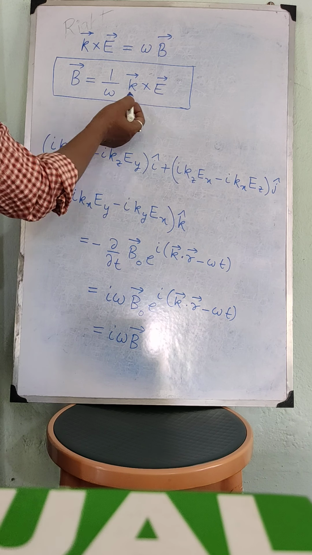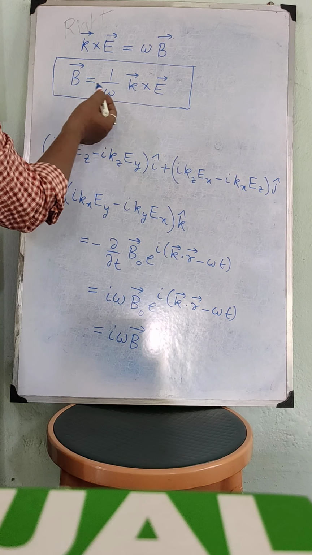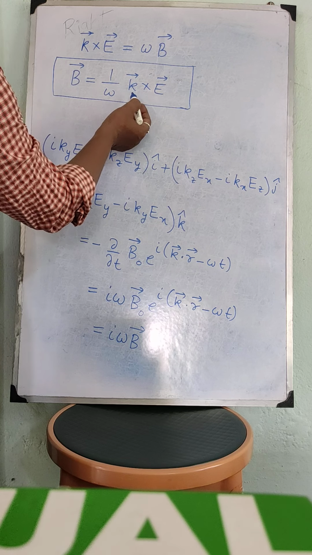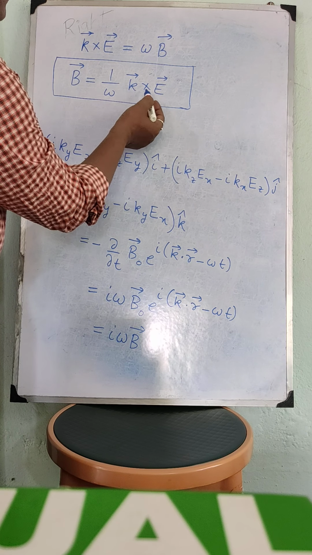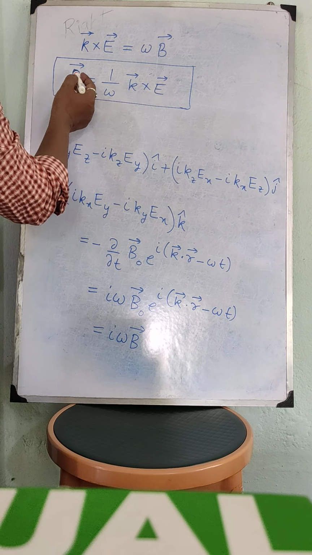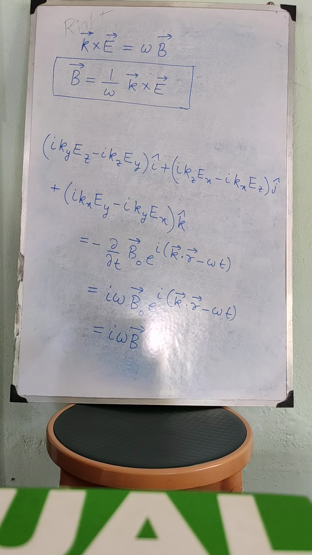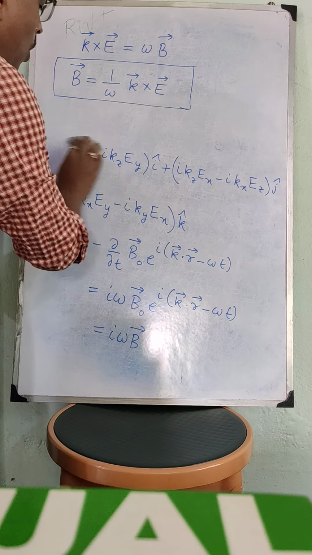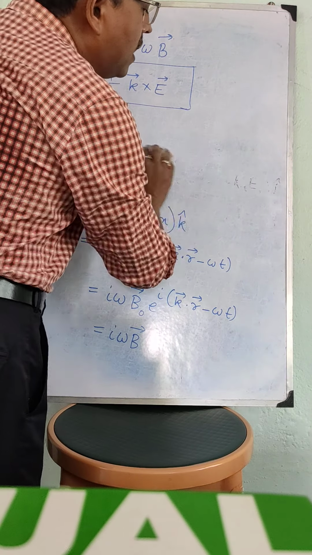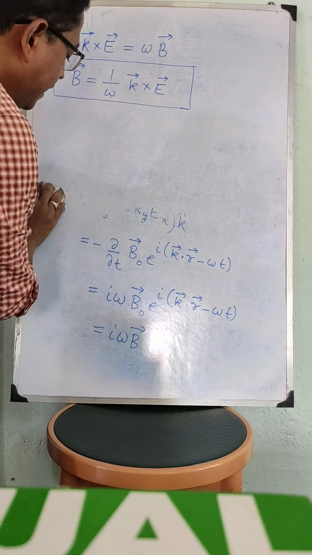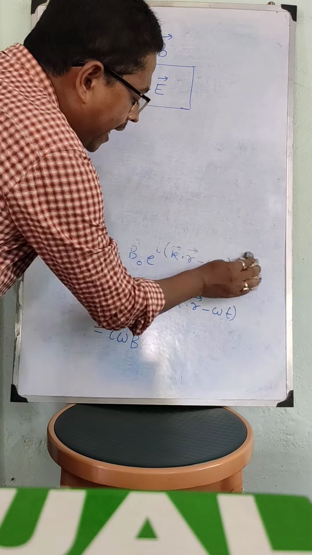See, from this equation we see that B vector is perpendicular to the plane formed by k vector and e vector. So B is perpendicular to e. So we have got all the directions of e, B and k.